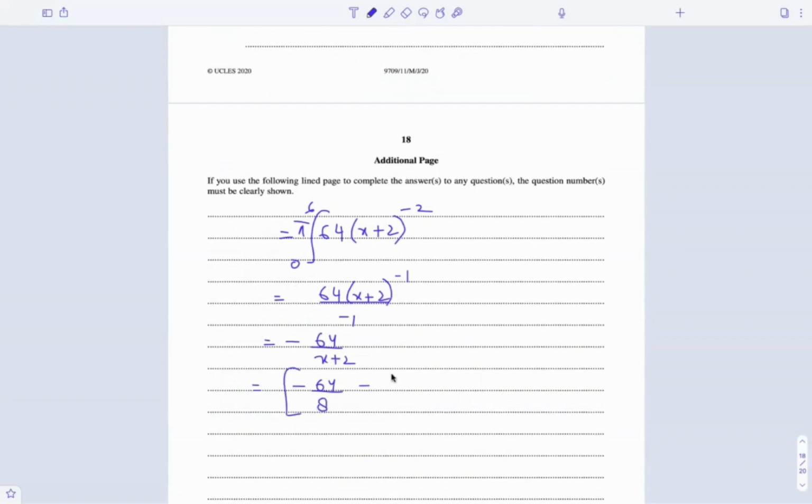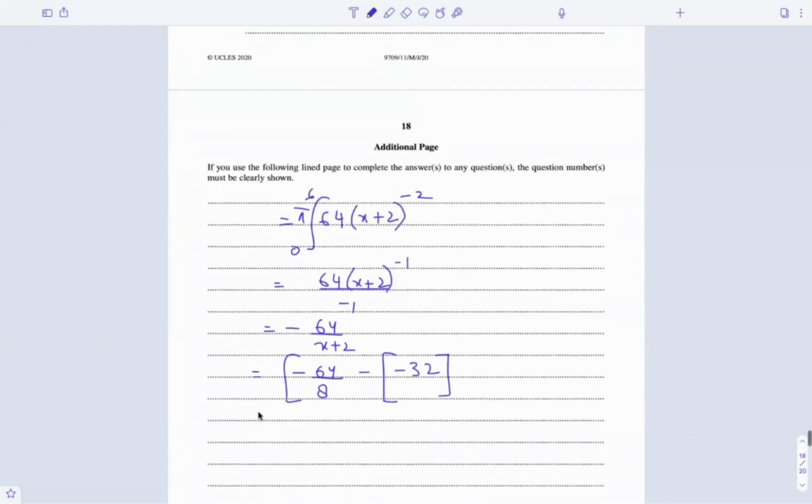Then substituting 0, we get minus 64 upon 0 plus 2, which is 2, so this becomes minus 32. So this becomes minus 8 plus 32, which is 24. And as pi is a constant, this becomes 24 pi.